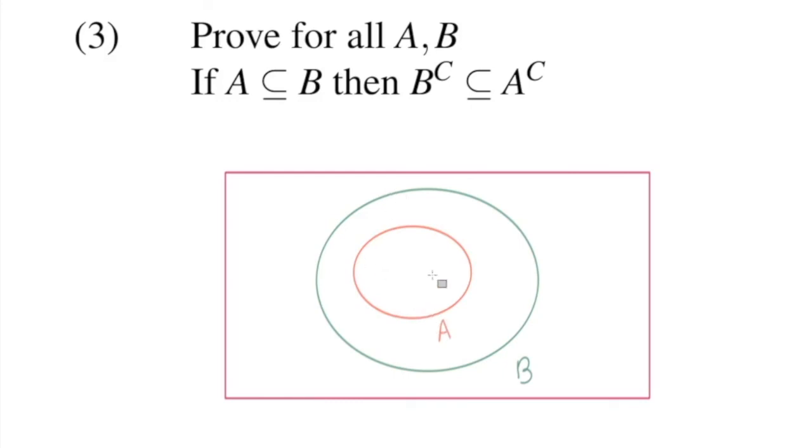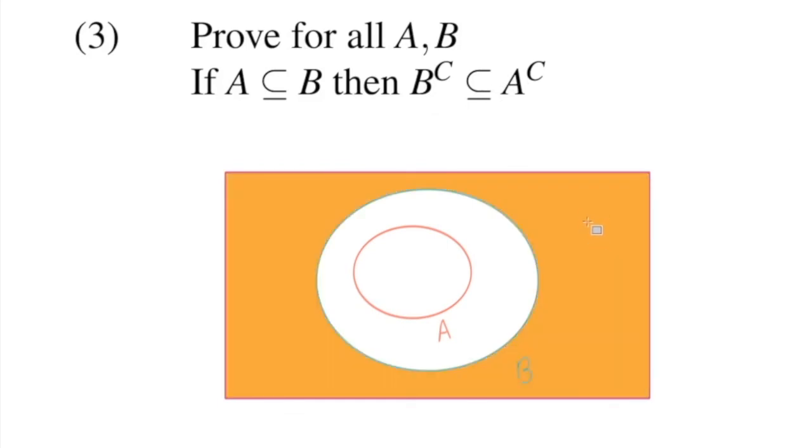So here we have a situation where A is a subset of B, a proper subset in this case. Then B's complement is a subset of A's complement. B's complement is the area outside of B, so this yellow area. We can see that B's complement is wholly contained within A's complement, because A's complement includes that yellow area.